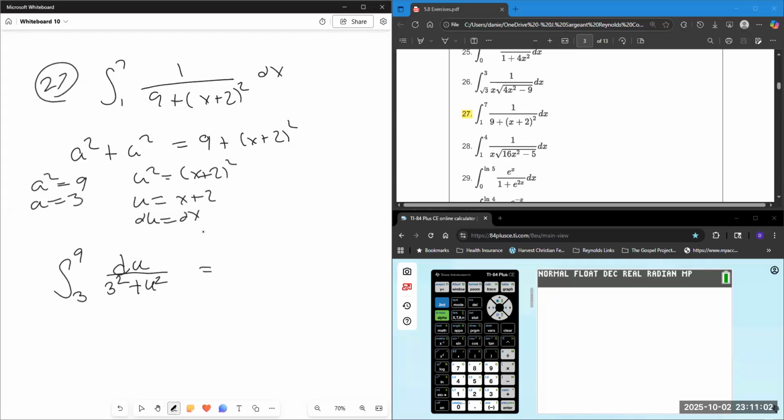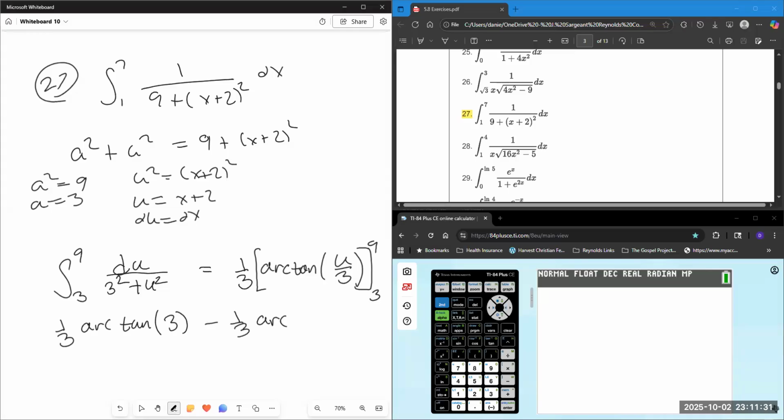So this is going to be equal to 1 over a, which is 1/3 arc tangent of u over a, evaluated from 3 to 9, will be 1/3 arc tangent of 9 over 3, which is 3, minus 1/3 arc tangent of 3 over 3, which is 1.